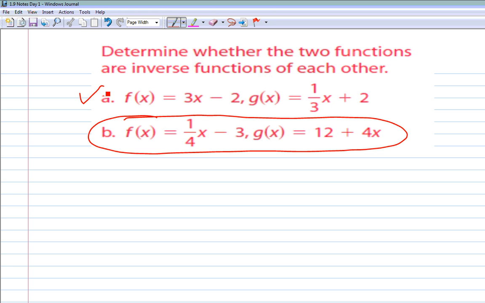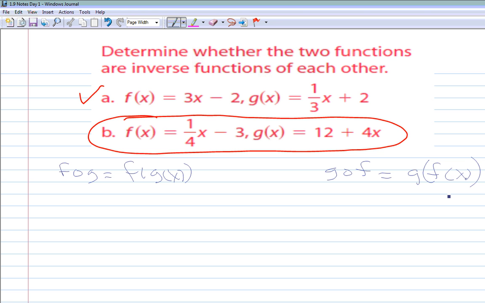All right, I'm going to switch back to my blue pen. And we're going to try f of g and g of f with this. And this is, again, what you're going to be doing a lot in your homework or your classwork tomorrow. So remember, this is f of g of x, and this one's going to be g of f of x.